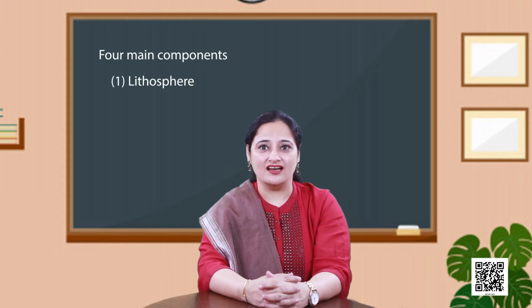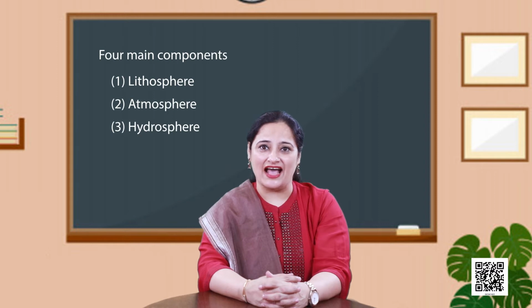The surface of the earth is a complex zone which comprises 4 main components, that is lithosphere, atmosphere, hydrosphere and biosphere. In this lesson, we shall talk about these components in detail.